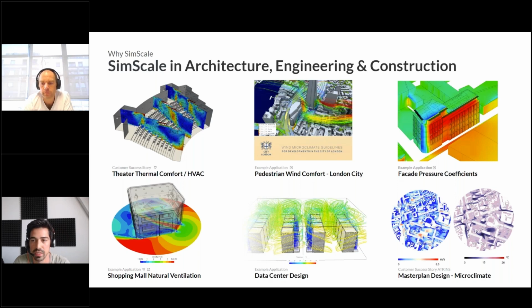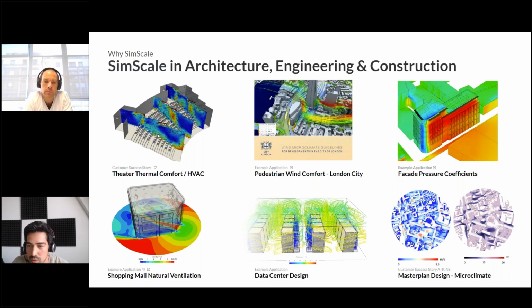But we can also look into the building itself. For example, on the top left, we see a large theater, so we can assess the thermal comfort of the occupants, the HVAC requirements, humidity, temperature distribution, stratification effects, and so on. We can also run similar studies on data centers, facade analysis, or coupled analysis that impact outside and inside of the building together.